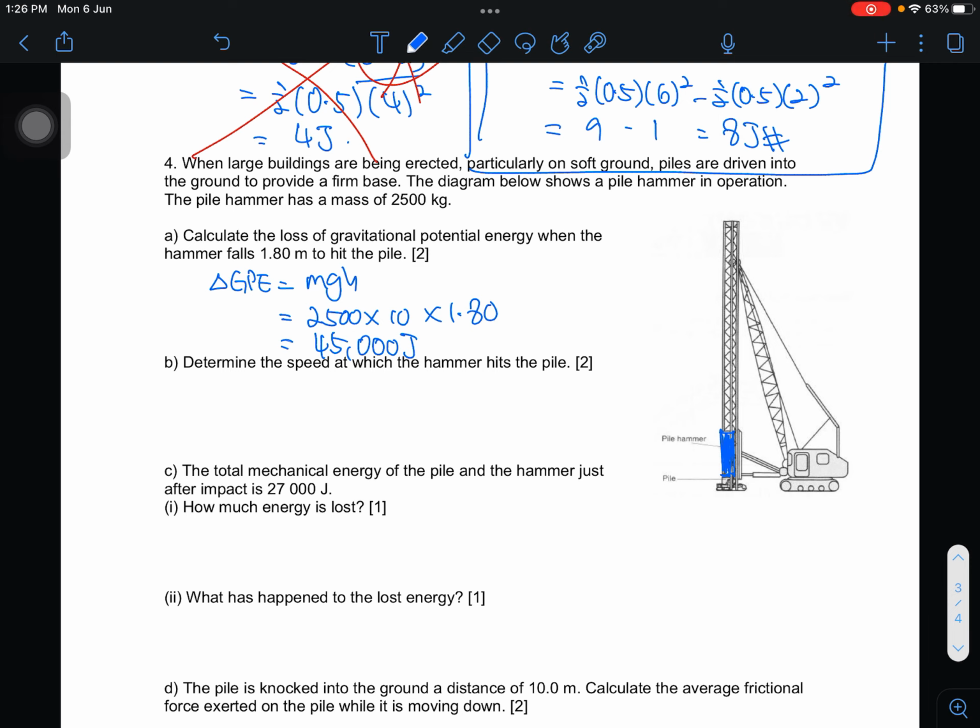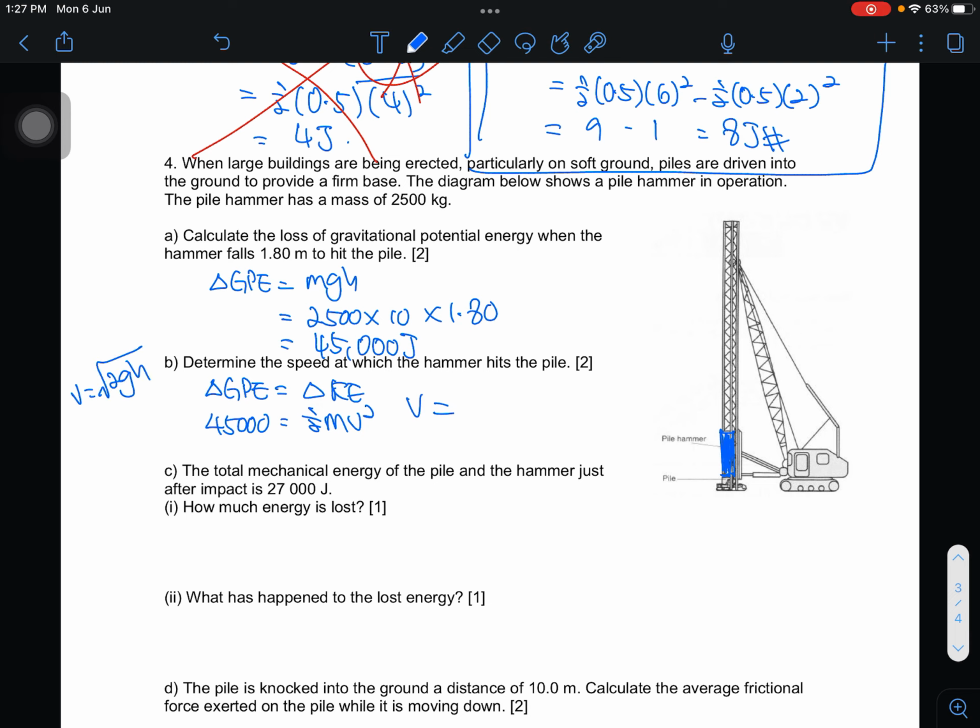According to the principle of conservation of energy, change in GPE must be equal to change in KE. So we already got 45,000. In this case, 45,000 equals half mv square. The question wants you to find v. Alternatively, you can use v equals square root of 2gh, or you can straight away use the previous answer.